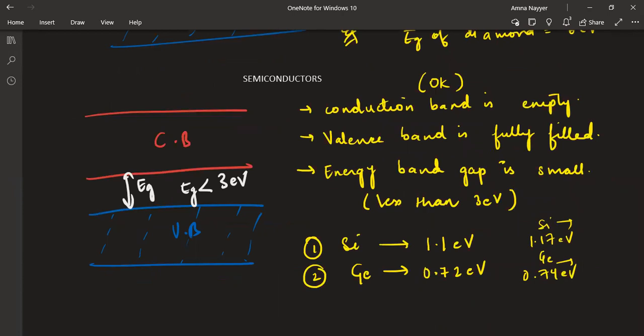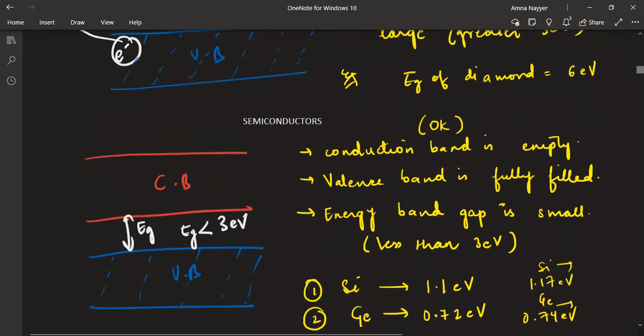The similarity is valence band fully filled and conduction band empty. The difference arises in the energy band gap. For example, the energy gap of diamond is given as 6 electron volt. It is more than 3 electron volt, so definitely diamond is an insulator.